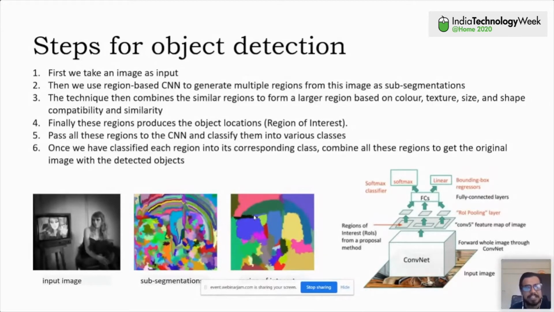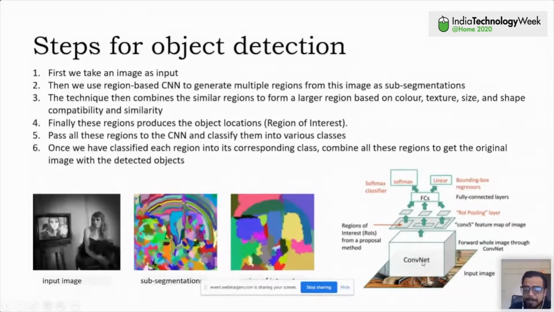Then we send these regions of interest to the CNN model to further classify which class they belong to. Once we have all these regions classified into classes, we combine them to form our original image and the detected objects. I have also explained a similar thing in the diagram here. We take a raw image and apply this convolution network to the image.